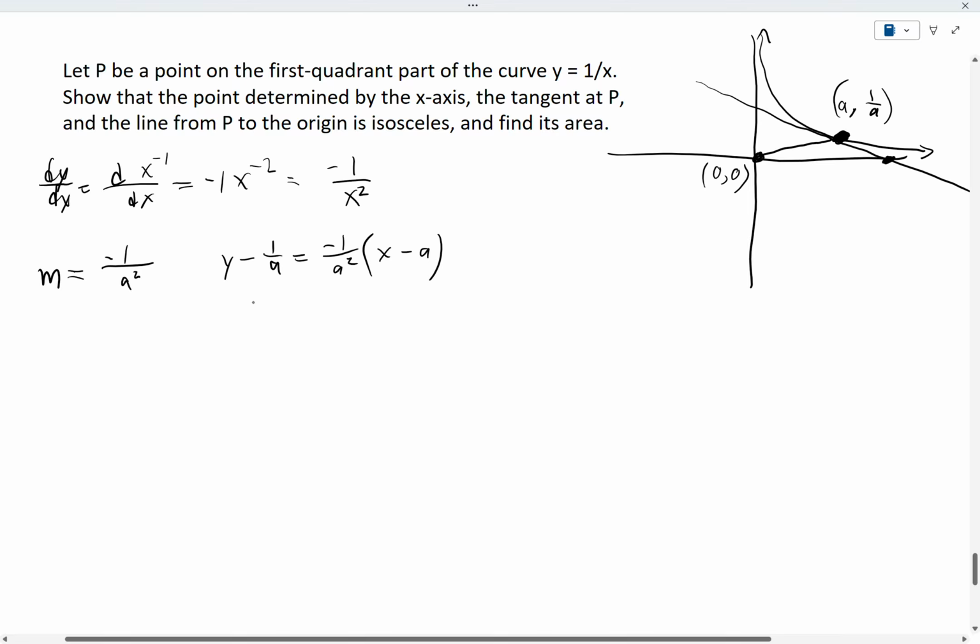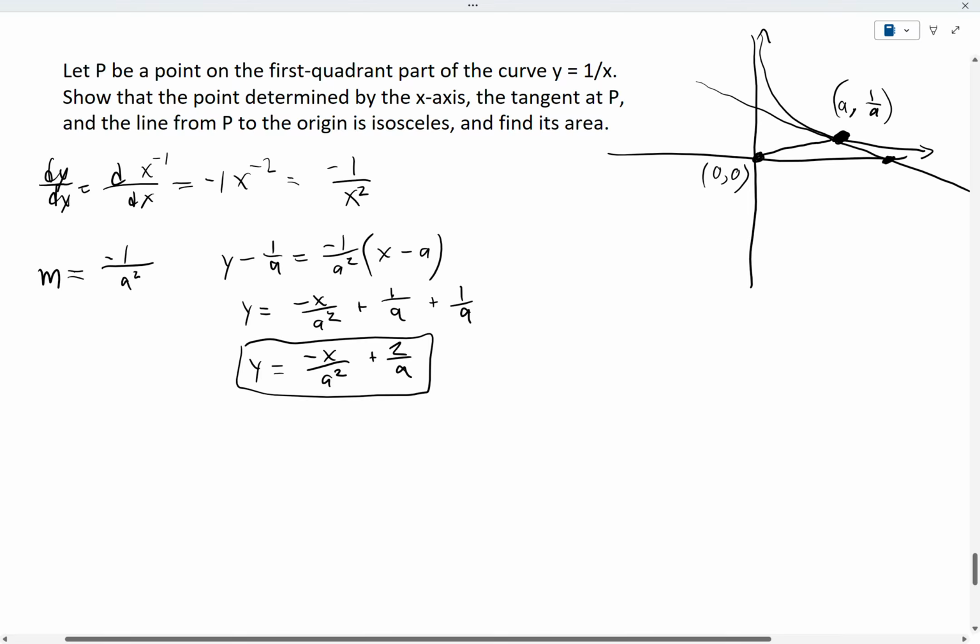So now I'm just going to set this up so that y is equal to something x plus something, slope-intercept form. So this becomes y is equal to negative x over a squared plus 1 over a plus 1 over a. So that's y is equal to negative x over a squared plus 2 over a. So this is my equation of the tangent line.